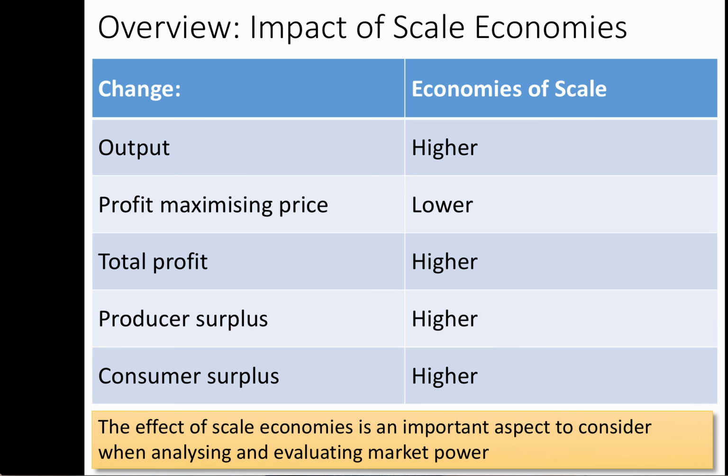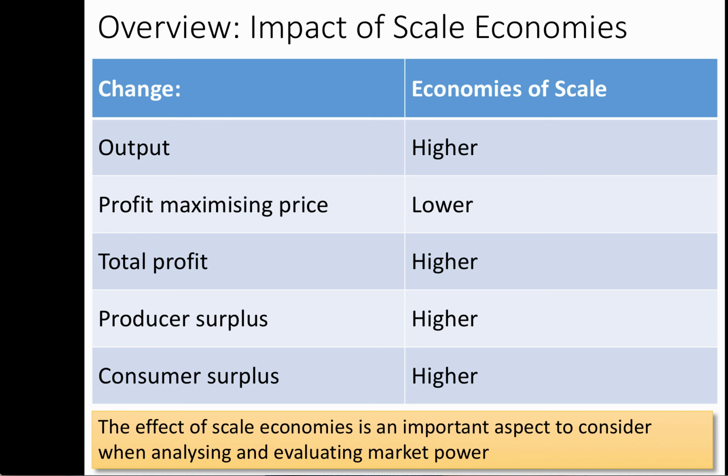Now, what effect do economies of scale have? We'll look at the key analysis diagrams in another webinar, but essentially, if you can achieve scale economies, your output's going to be higher. Actually, your profit maximizing price is going to be lower, but your profit will be bigger.